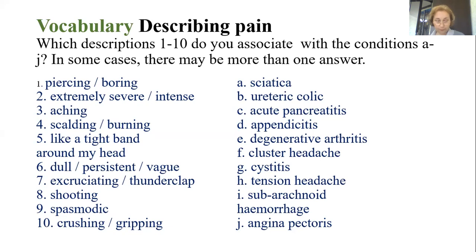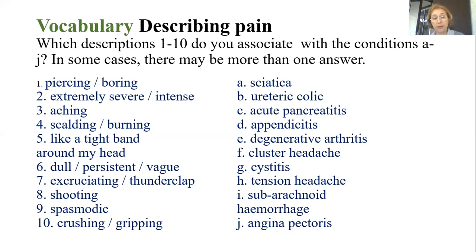Spasmodic. Any ideas? Spasmodic is the pain which is associated with uteric colic. And crushing or gripping.